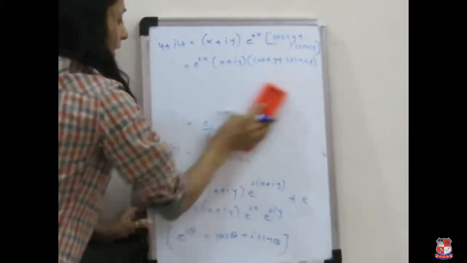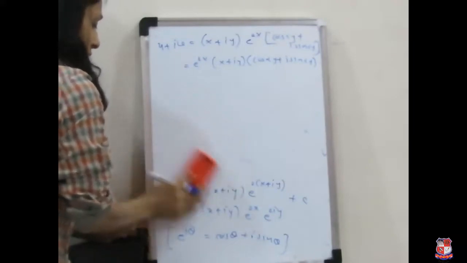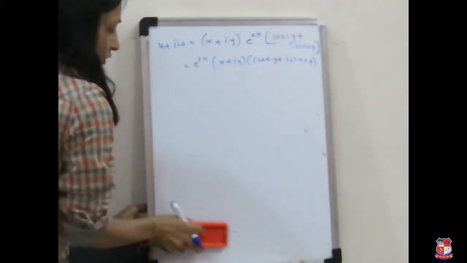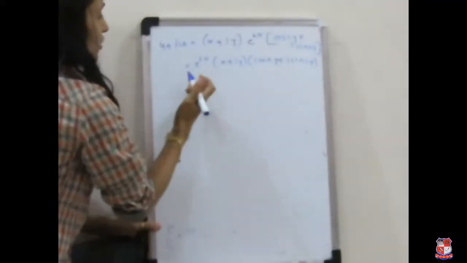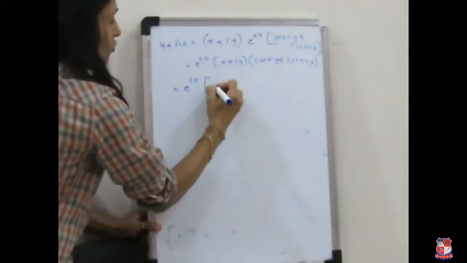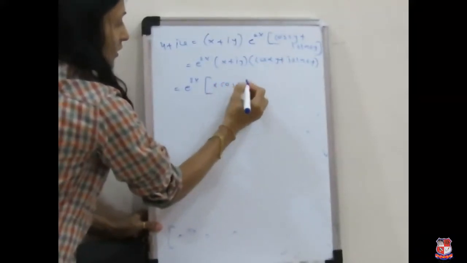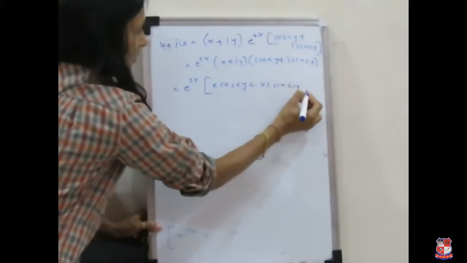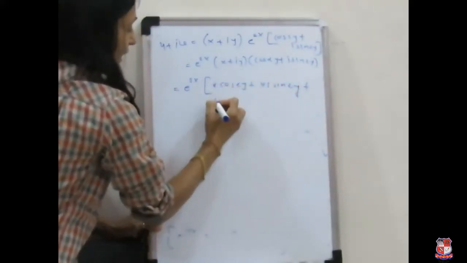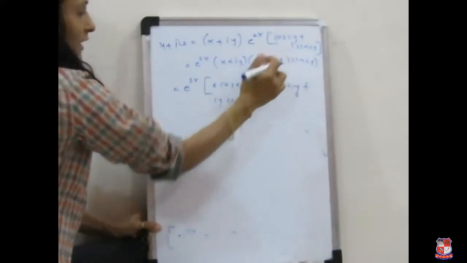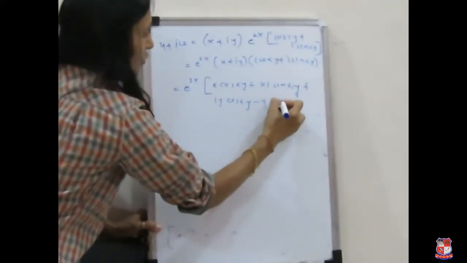Now we open this bracket and we differentiate real and imaginary part. e raised to 2x, x cos 2y plus x into i sin 2y plus iy cos 2y plus i into i square, that is minus 1, y sin 2y.